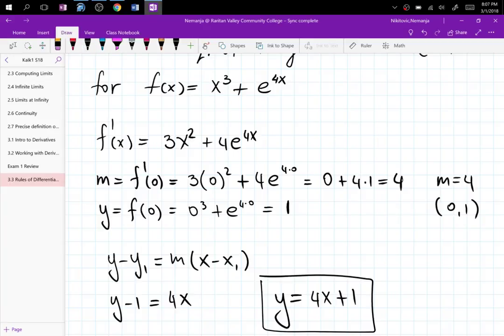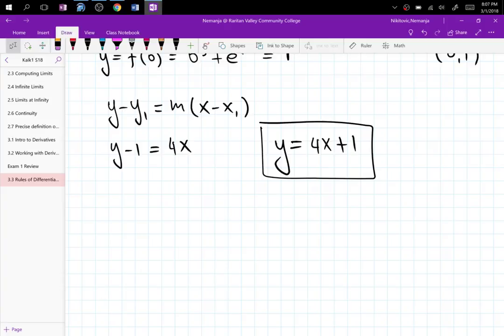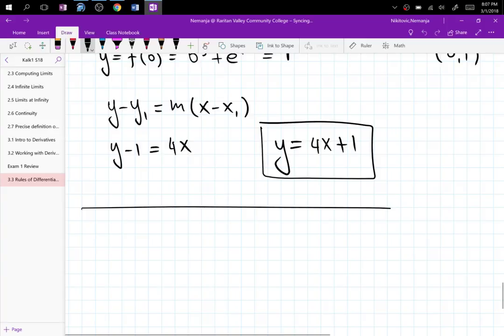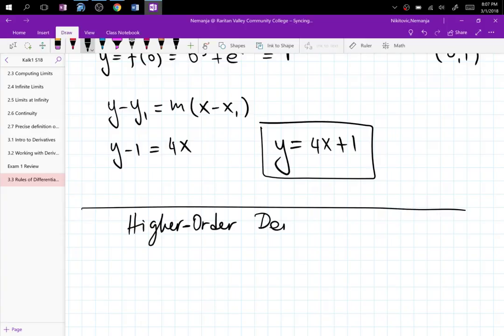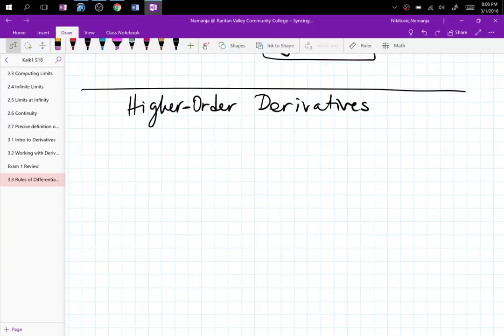And the last thing we are talking about in this section are higher order derivatives. Higher order derivatives, meaning second derivative, third derivative, fourth derivative, 104th derivative, and so on.